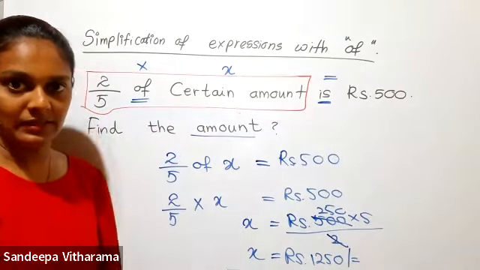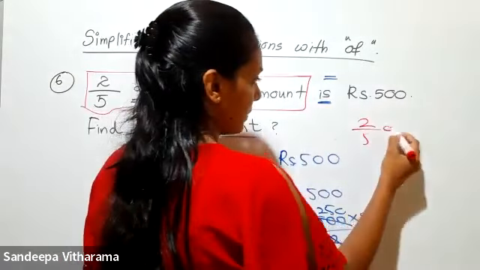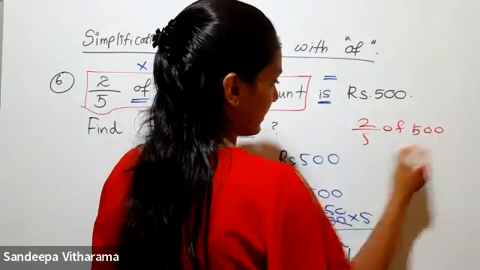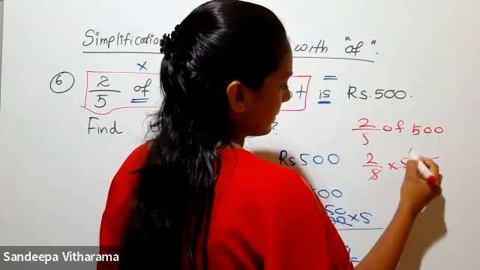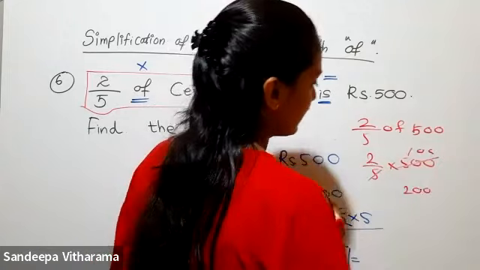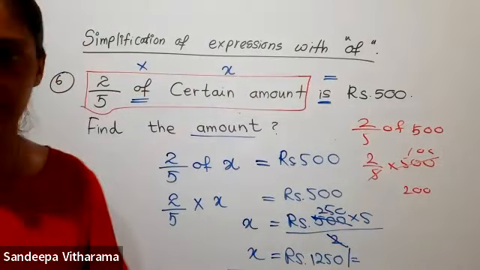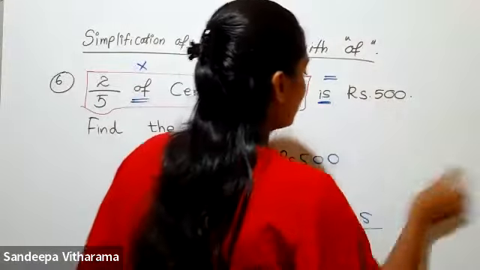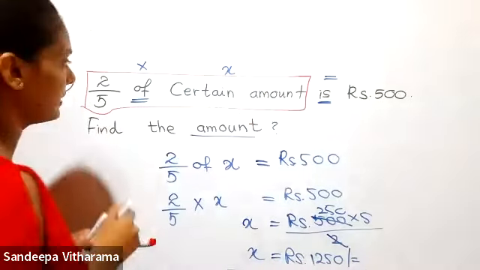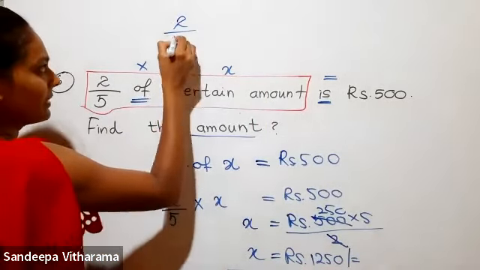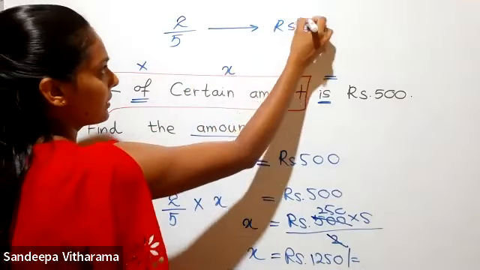Okay, did you understand that? Here, if you have multiplied 2/5 by 500, then it is 200. Alternatively, we can do it this way. We know 2/5 is equal to 500.